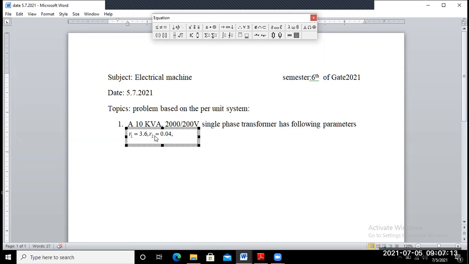X1 equal to 0.056, sorry, X1 equal to 5.2 ohm. Okay, so this one you may change.